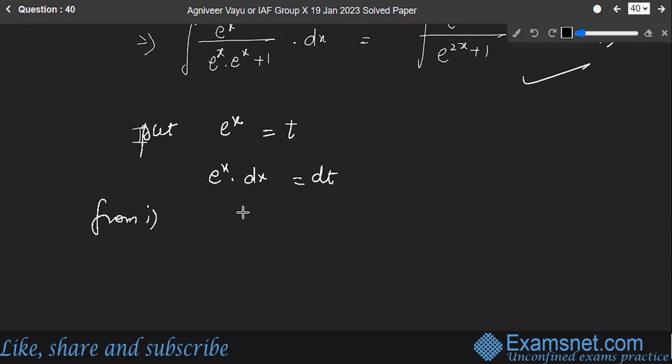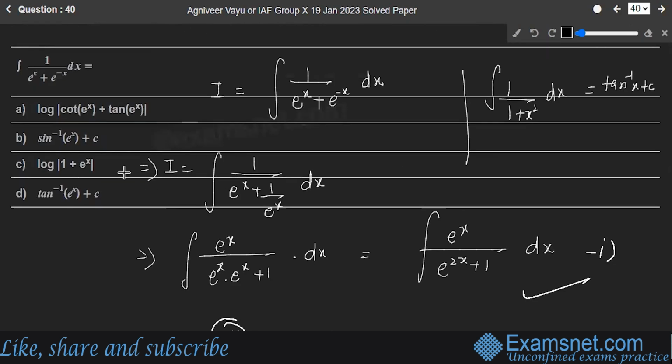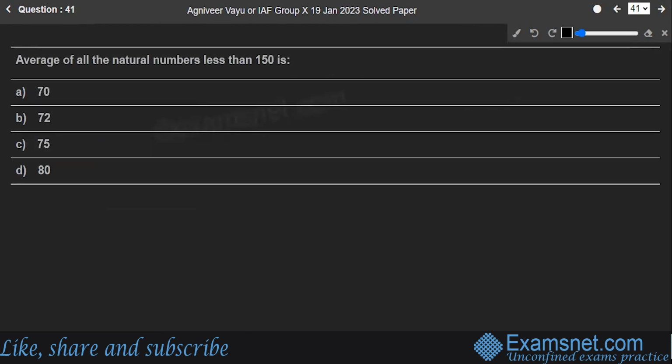You have dt upon (t square plus 1), right? Which is equal to tangent inverse of t plus the constant c. What was t? It was e raised to power x. So tangent inverse e raised to power x plus c. That's it. This is our answer. So you have option D as your answer. Hope you understood this. Next is question number 41. Average of all natural numbers less than 150.